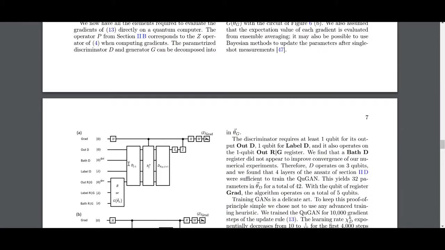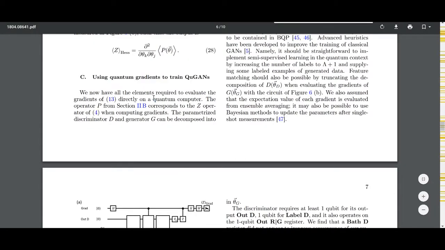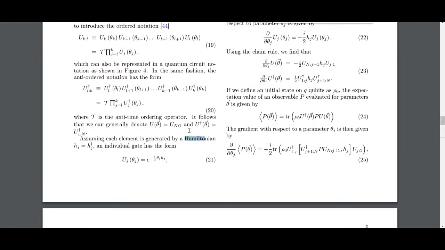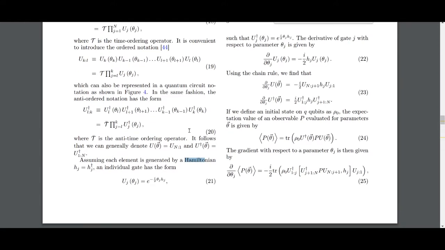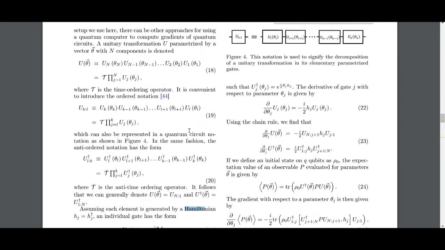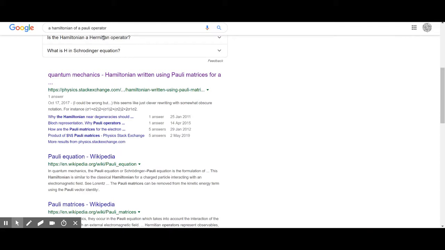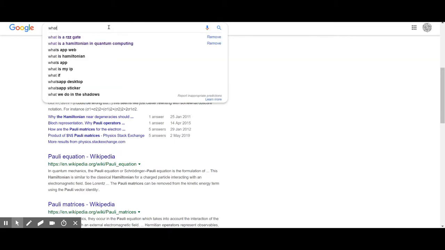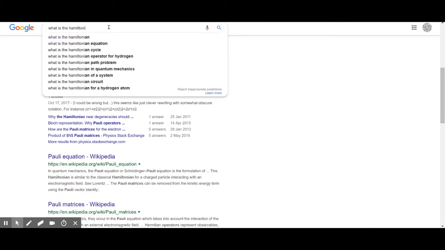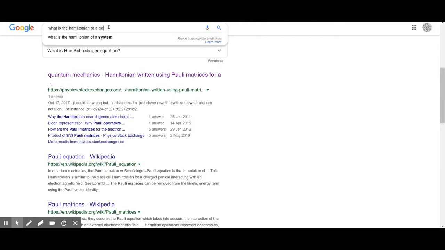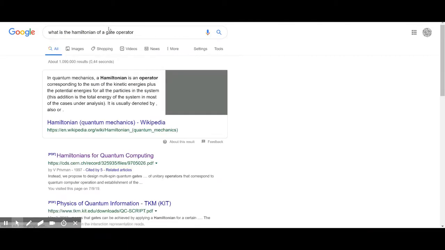So what are these Hamiltonians? Assuming each element is generated by a Hamiltonian. What is a Hamiltonian? What is the Hamiltonian of a gate operator or whatever?